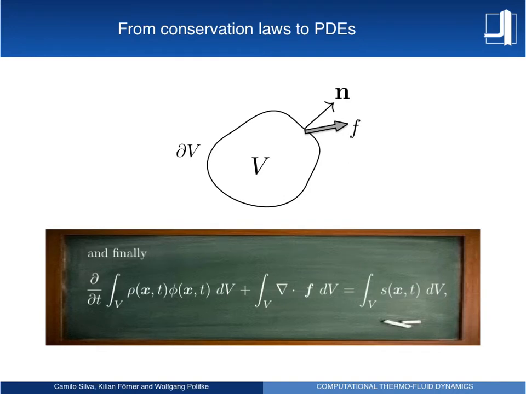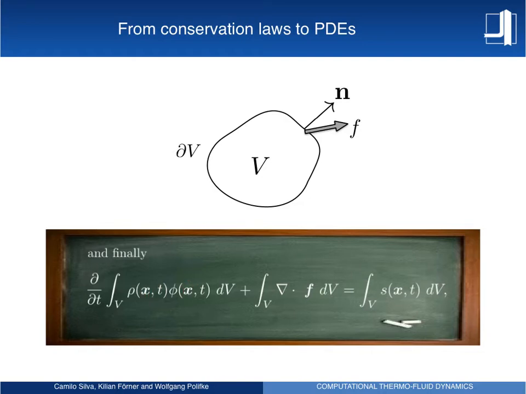So this is the last expression you just saw before. All terms are in terms of volume integrals, and we have the quantity phi here. So it's basically the scalar we want to conserve, and it was the one that we called H just before for enthalpy. This is just something more general.